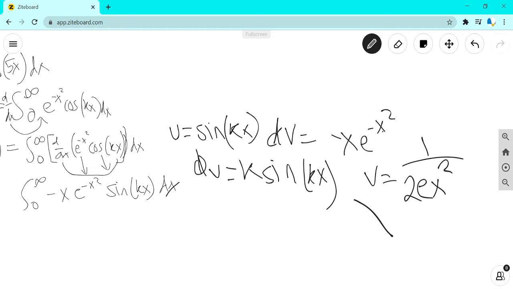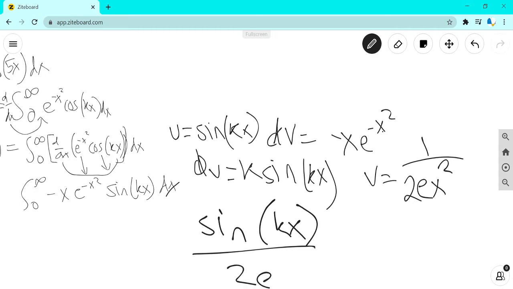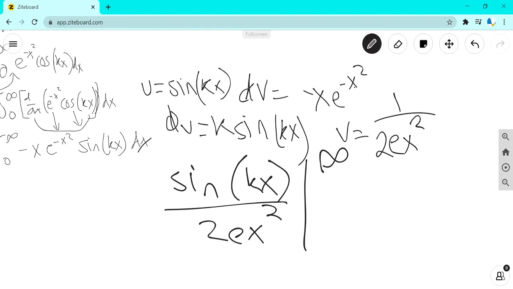Now we can use integration by parts to solve this. Using our known formula, we have sine of kx over 2e to the x squared, evaluated between infinity and 0, minus a constant, k over 2.